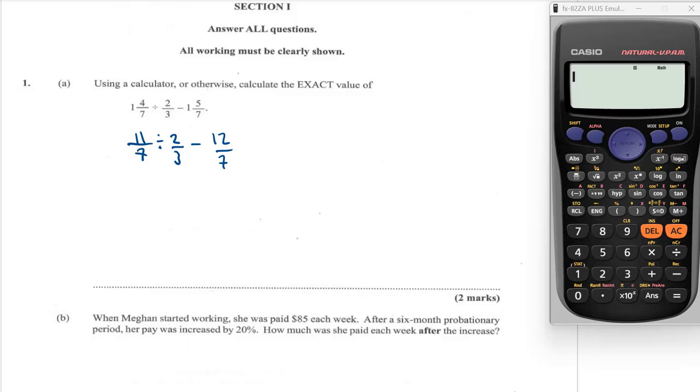We need to recognize that there is a division in this expression. So we cannot subtract 12 over 7 from 2 over 3, because we have to divide before we subtract. Remember BOMDAS? We work out bracket first.